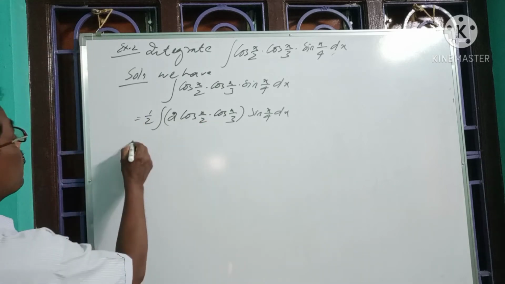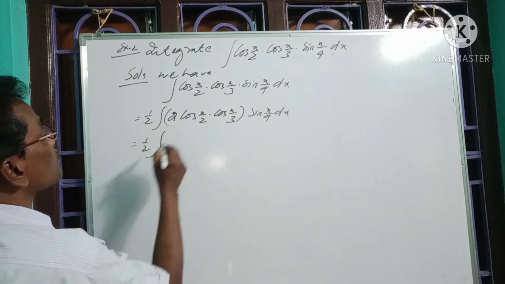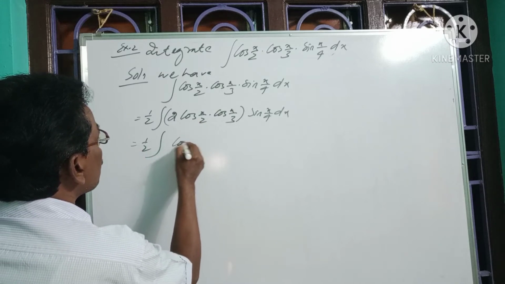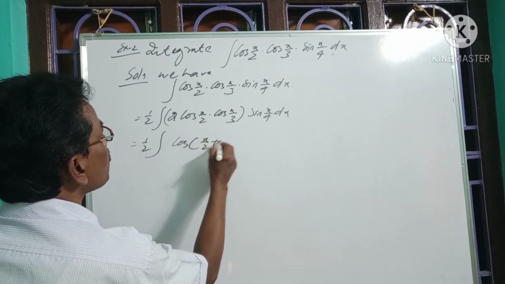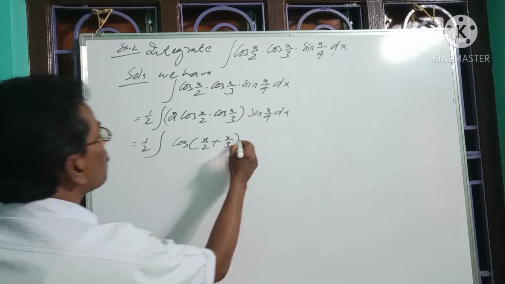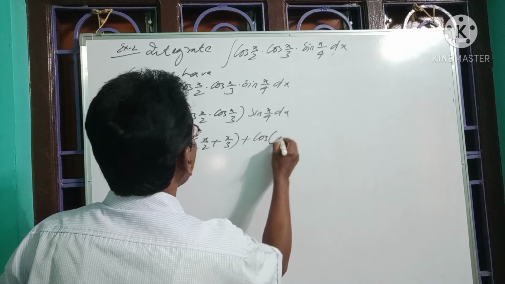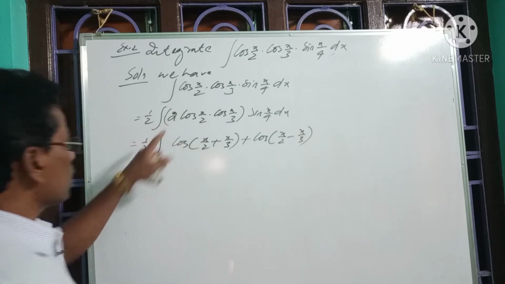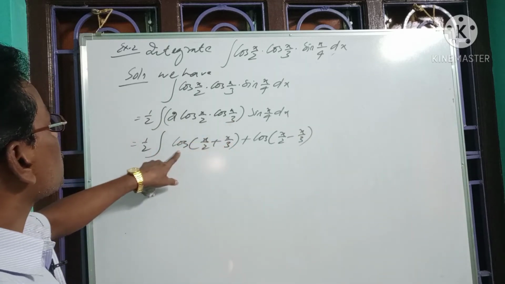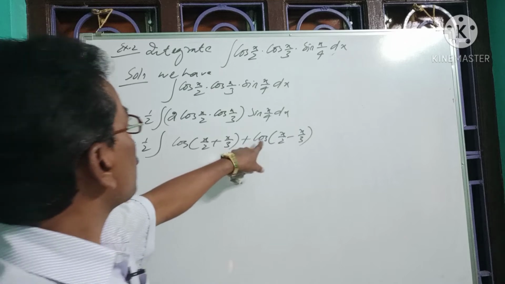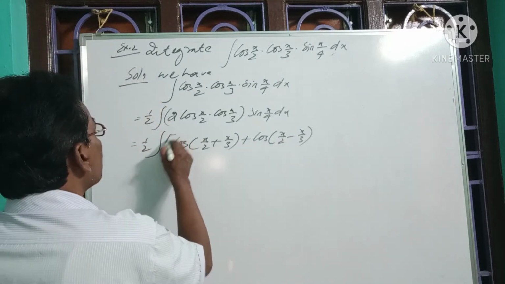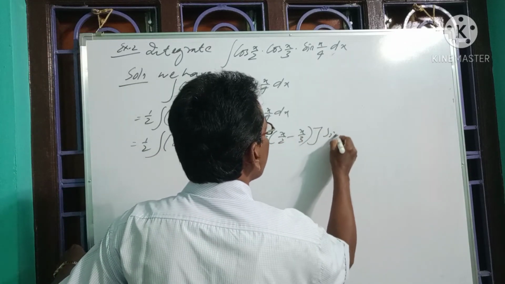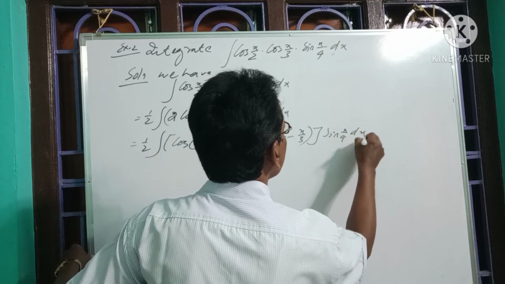So we have half into integration of cos of x by 2 plus x by 3 plus cos of x by 2 minus x by 3, that is cos of a plus b plus cos of a minus b, then into sine of x by 4 with respect to x.